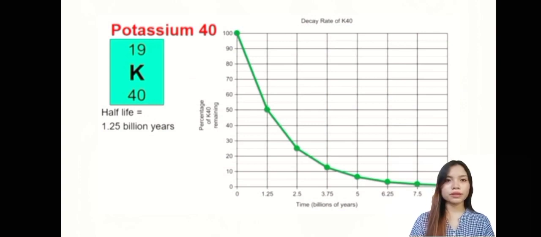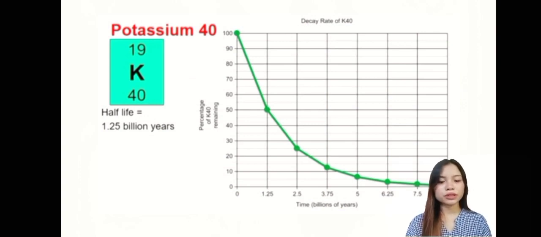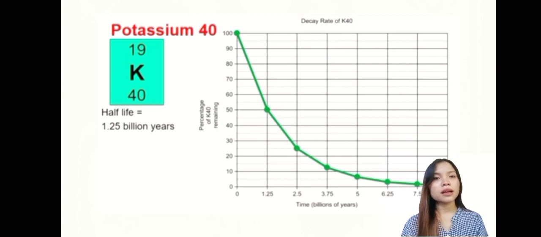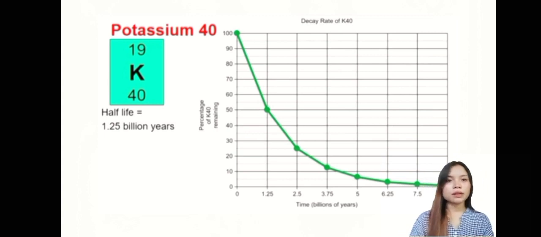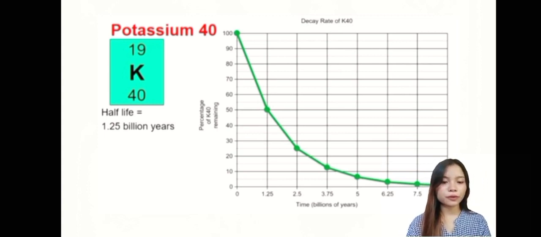There are also other isotopes that are used in radiometric dating to identify the absolute age of rock. This includes potassium-40. You can see in the slide that the half-life of potassium-40 is 1.5 billion years.